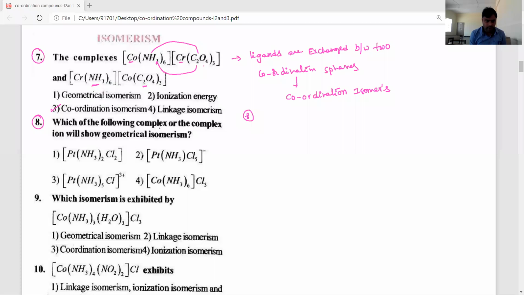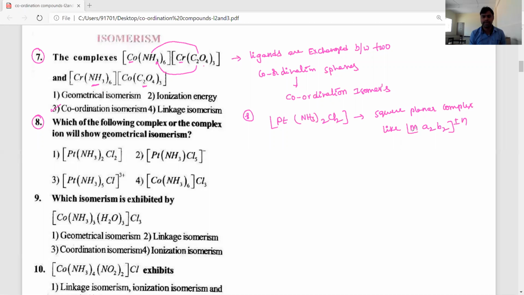Eighth question: which of the following complexes will show geometrical isomerism? Pt(NH3)2Cl2 is a square planar complex, like Ma2B2 type.